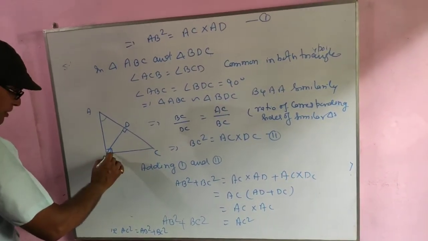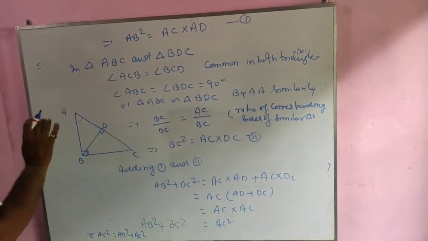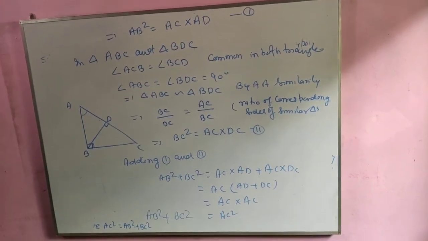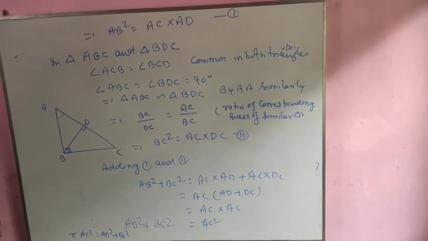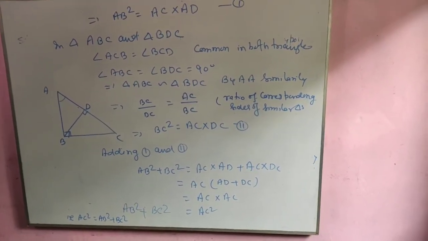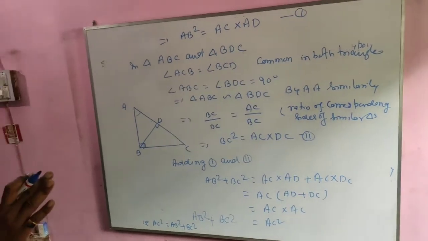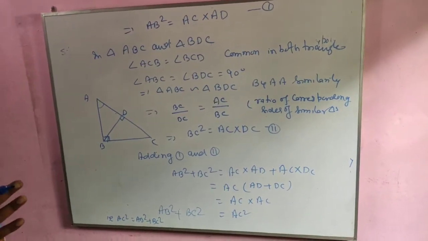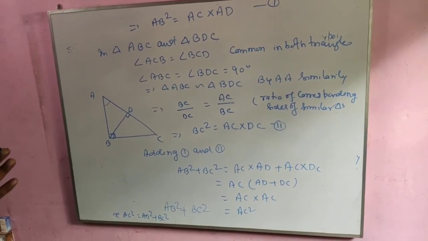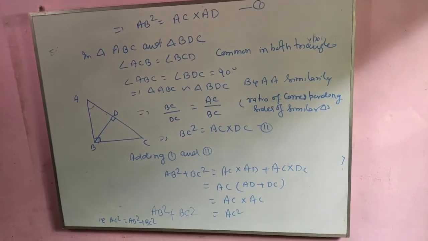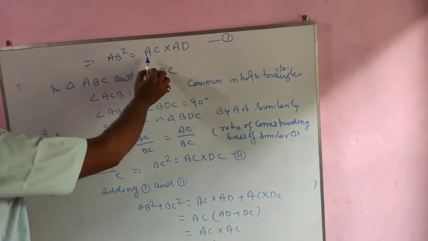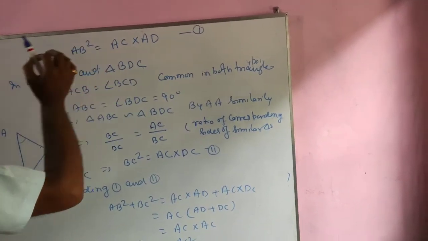Angle B is equal to angle D, which is also equal to 90 degrees. So by AA similarity, both the triangles are similar. So in similar triangles, ratio of corresponding sides are equal. So we use this result, and we get here AB square is equal to AC into AD.